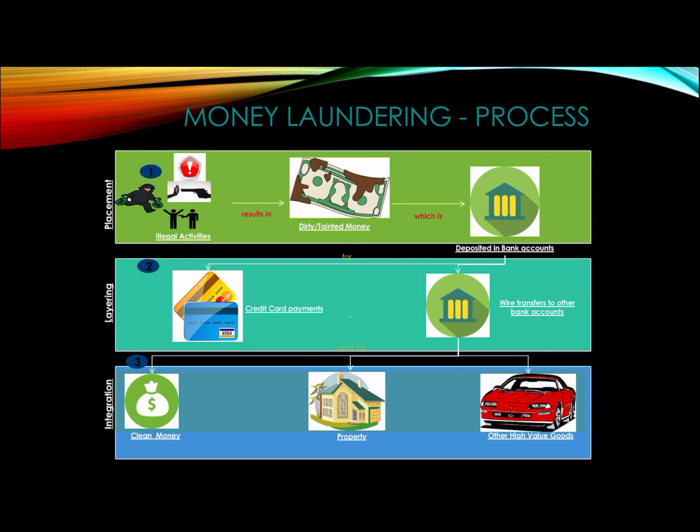So this is where the whole multiple transactions are made, and it seems that the money is coming from a legal source. So for example, if money is coming from a credit card company, although it's a refund, nobody would question that.